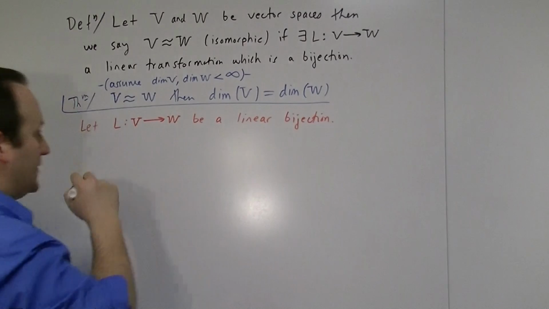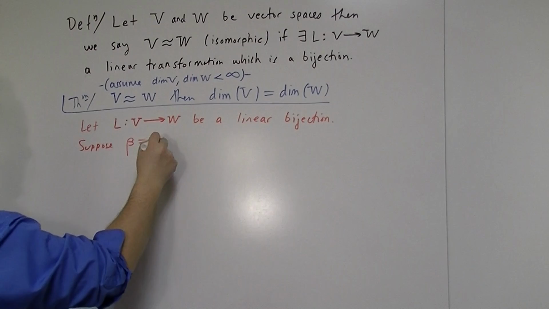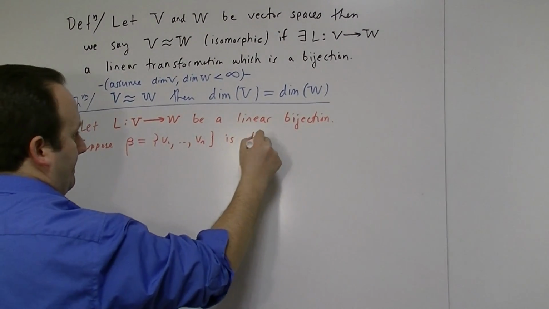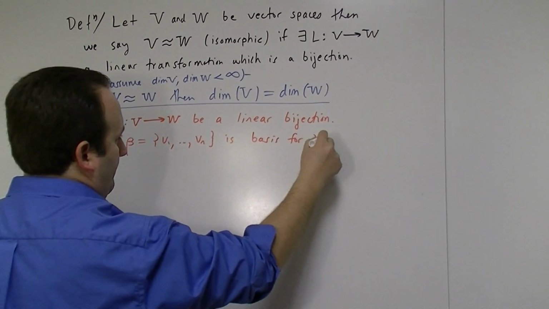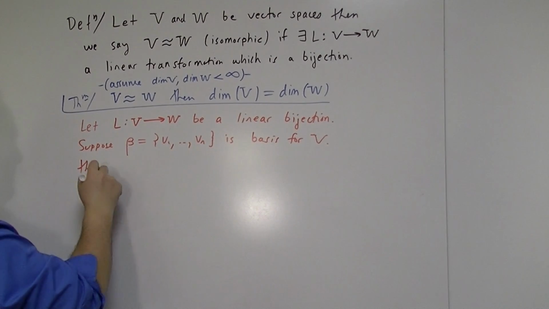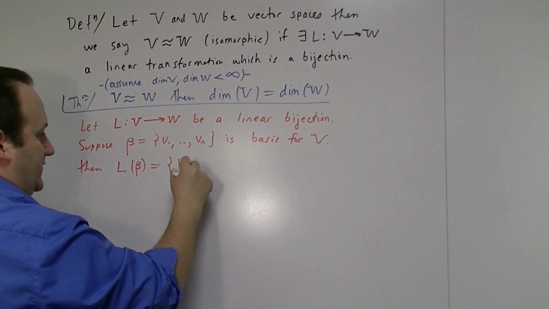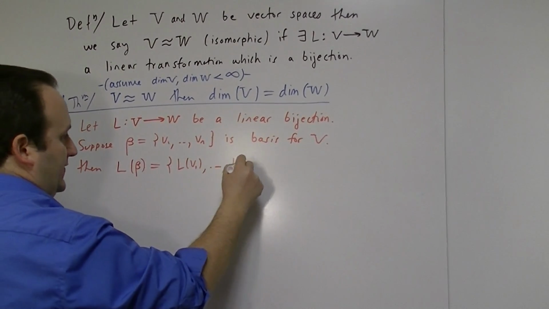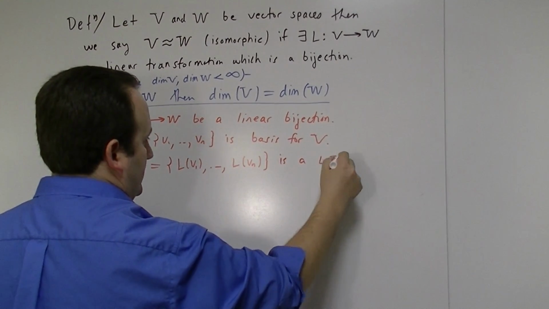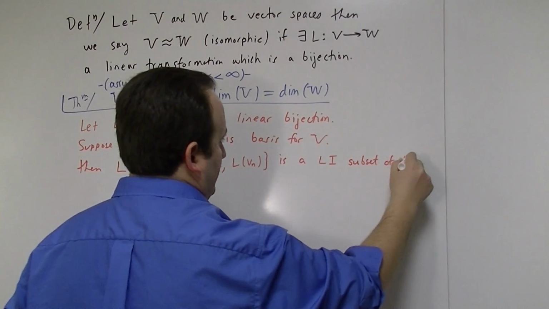Suppose beta equals v1 through vn is a basis for V. Then notice that the image of beta, so L of v1, through L of vn, is a linearly independent subset of W. Why is that?